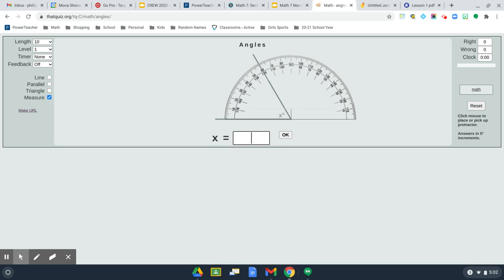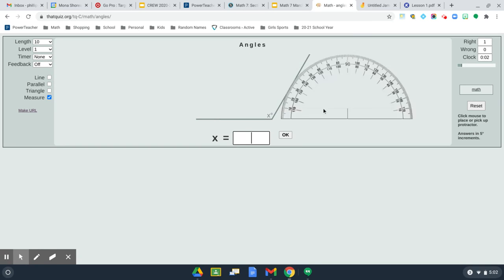And so that means if I understand that that's an acute angle at less than 90 degrees, when I go to look at the exact measurement of this, I follow this top ray or line up, notice it's going through 60 and 120. Well, if I know it's acute and it's less than 90, this has to be a 60-degree angle. And if I hit OK, I'm going to take a look. Yep, I got it right.